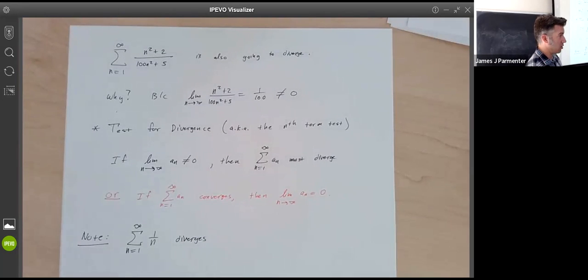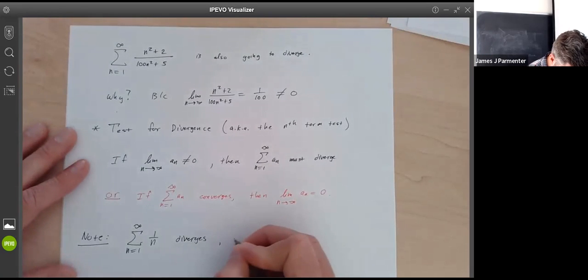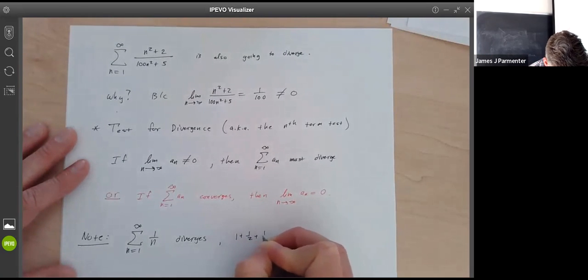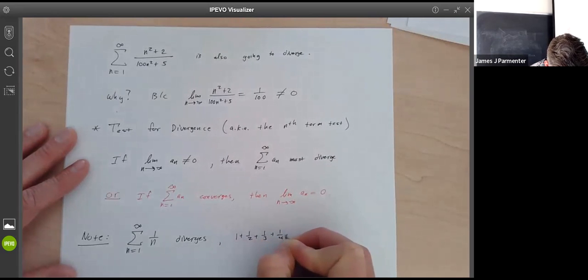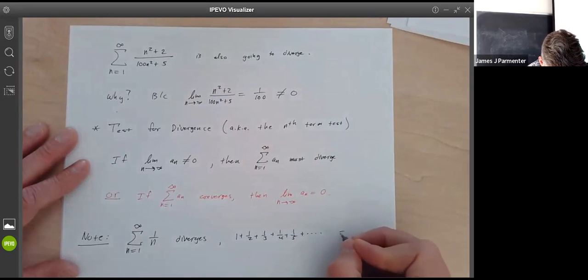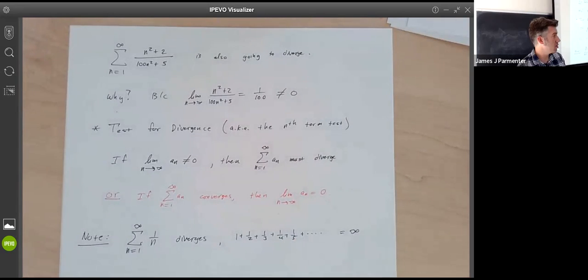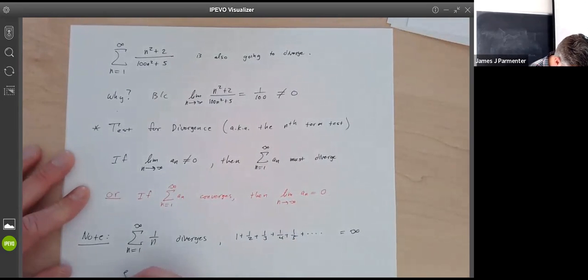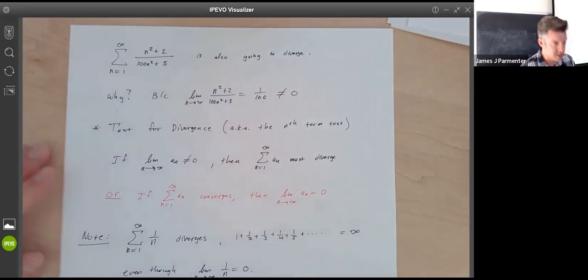But I'm just going to tell you right now, this definitely diverges. When you add up 1 plus 1/2 plus 1/3 plus 1/4, and so on and so on, it's going to be infinitely large. Even though the sequence definitely converges to 0.